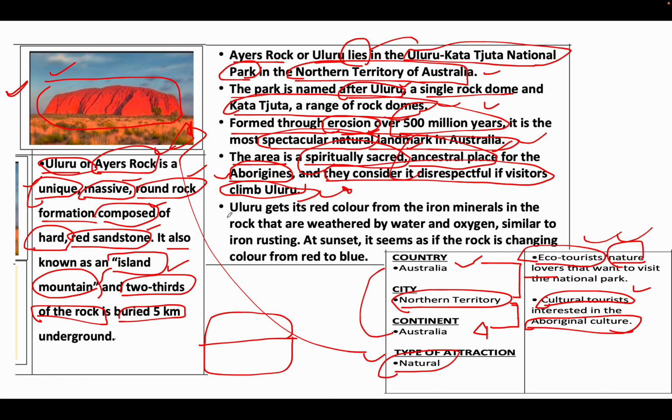So if you see Uluru, in terms of the color, there is red on it. The red color comes from iron minerals. It is believed that the red color you see on Uluru comes from the mineral rock that is acted on by water and oxygen.